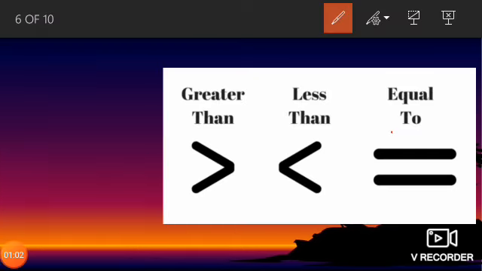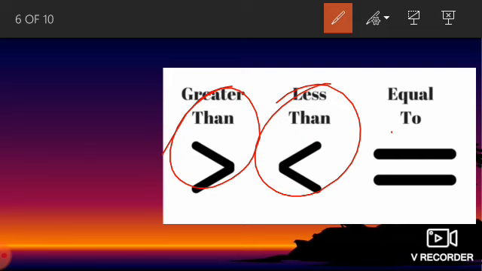In mathematics, to describe which number is bigger, which is smaller, we use some symbols. What are those symbols? They are greater than, less than symbol and equals to symbol.